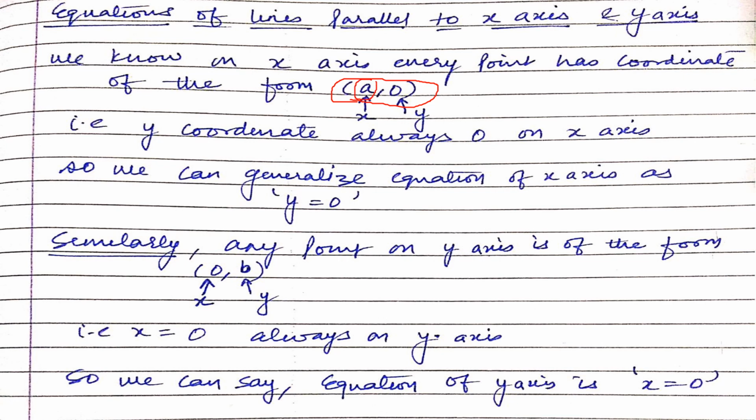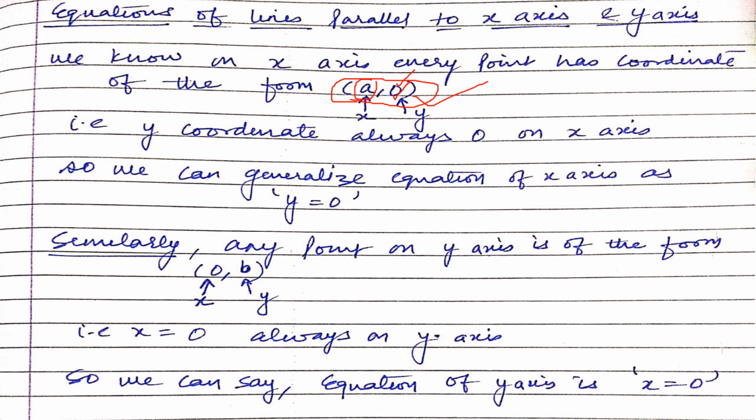It can change 1, -1, 2, 3, -4, -7, -8, whatever you want. But this is constant number, and we all know constant remains same. It never changes. Okay, so this is the hint. This is the hint that y part is always 0. This will help us out to find equation of x-axis.